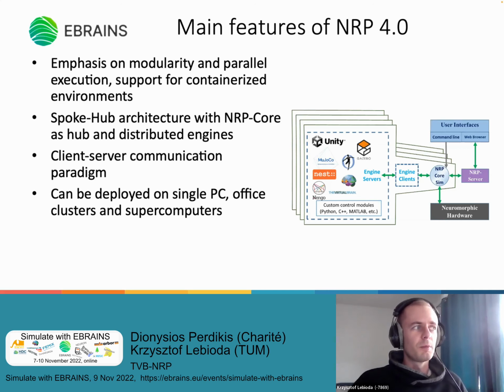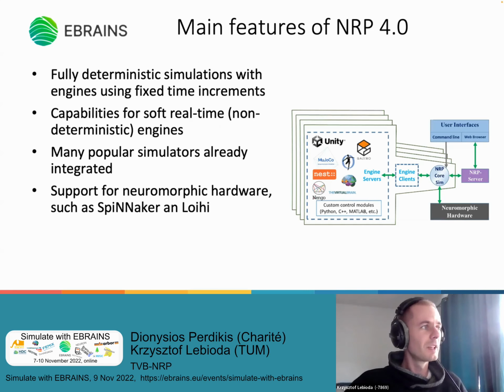The communication between NRP core and the simulators uses the client-server communication paradigm. So basically, the simulators are services to the NRP core, or the orchestrator. All of this makes NRP highly distributable, and it can be deployed on a single PC, an office cluster, or even supercomputers.